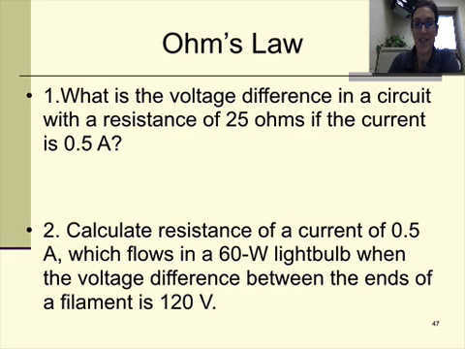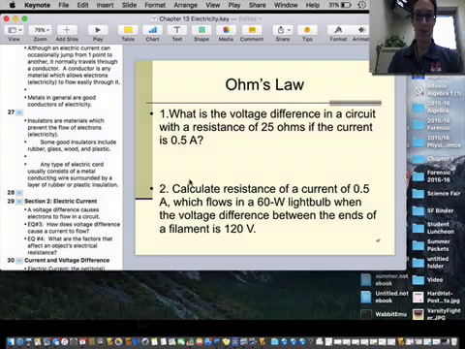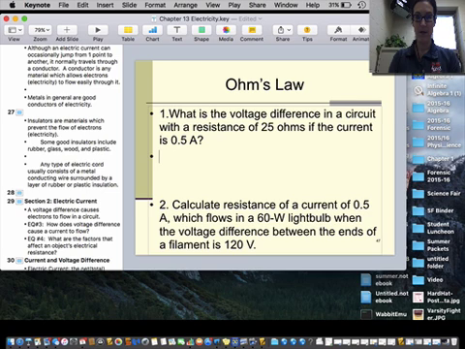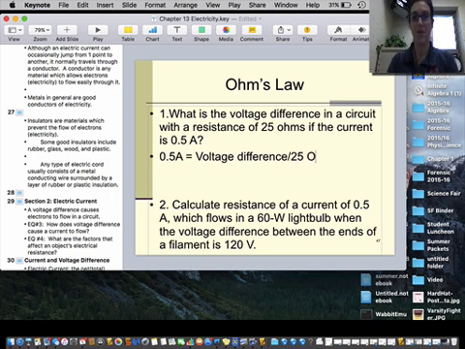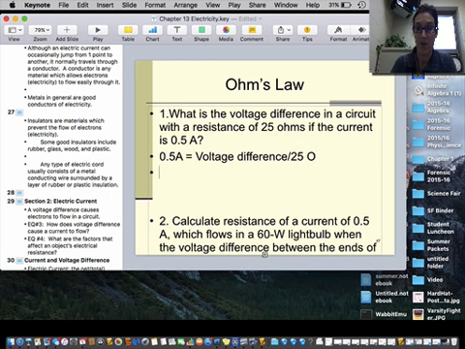If we're trying to find the voltage difference, we set up 0.5 amperes equals the voltage difference divided by 25 ohms. To solve this, I need to multiply by 25 on each side.